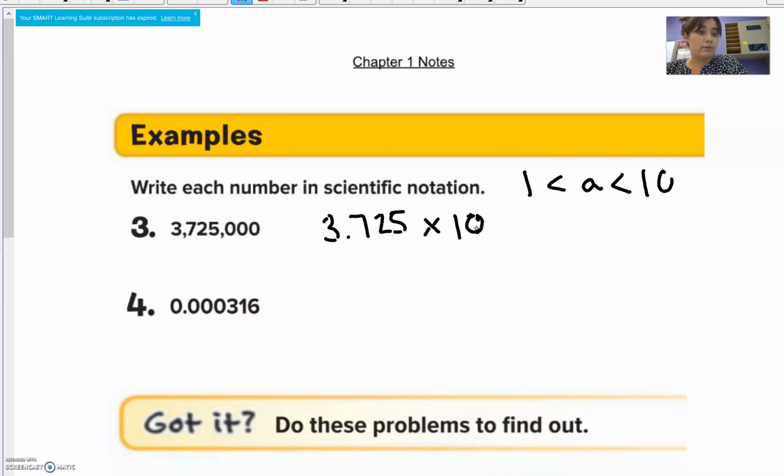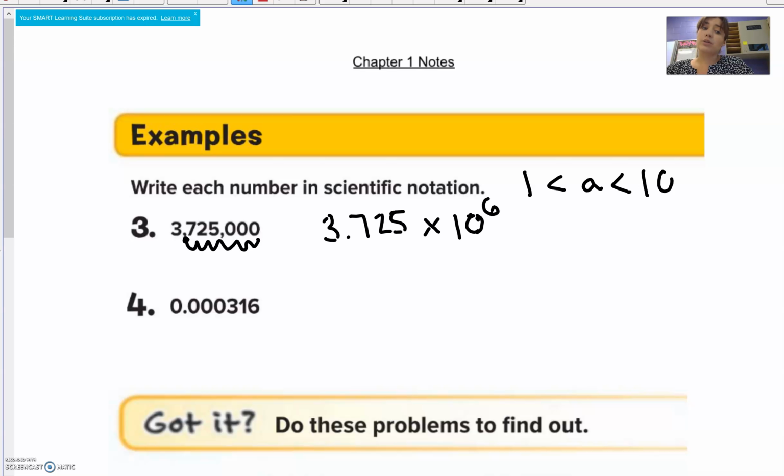What is our power? We're just going to count our places. So if we put our decimal point here, we go 1, 2, 3, 4, 5, 6 places to the right. So our 6 places to the right means that we're positive. So we have 3.725 times 10 to the 6th power.